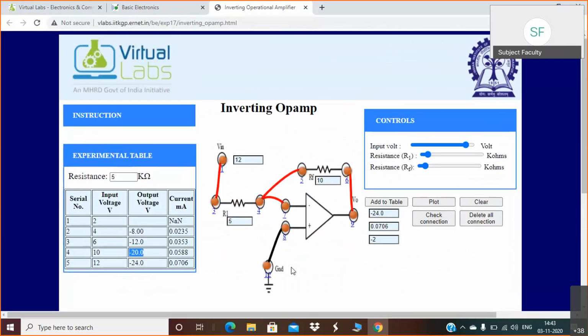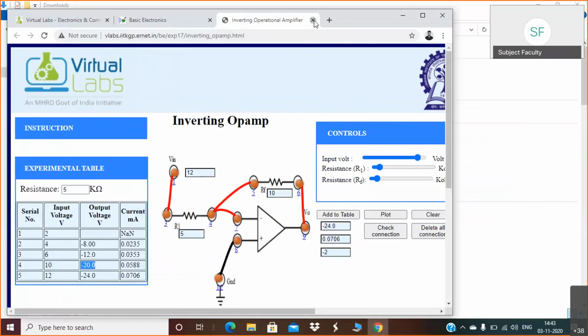Okay. So I will again discuss this complete one more lab we will take, that is of non-inverting operational amplifier. It is exactly similar. Now I am closing it.